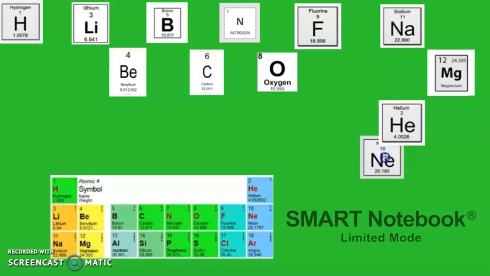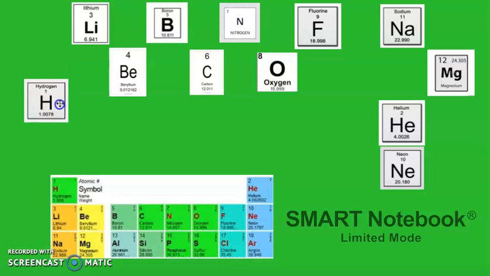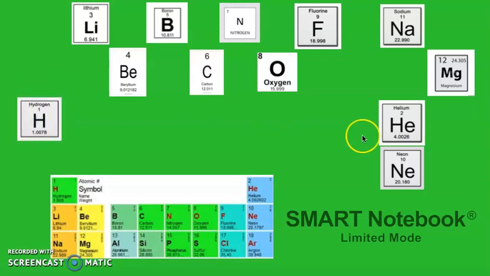And that was the same thing true with neon. However, helium had 2 protons and neon had 10 protons. But they did notice that something like hydrogen, it interacted a lot, even though it was just 1 proton away from helium. Hydrogen has 1 proton, helium has 2.